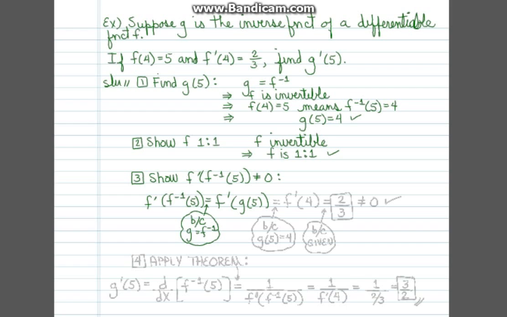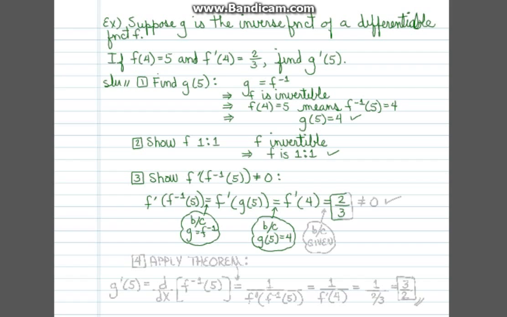Now we say that this is equal to f prime of 4. And the reason for that is we just substituted g of 5 with 4. We discovered that in step 1, because g of 5 is equal to 4. And then f prime of 4 is actually given to us in the information, where they stated that f prime of 4 is equal to 2/3.